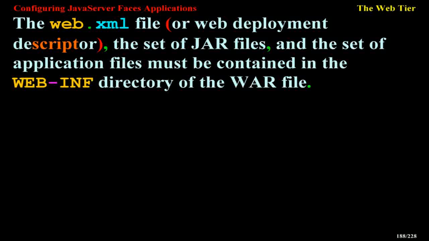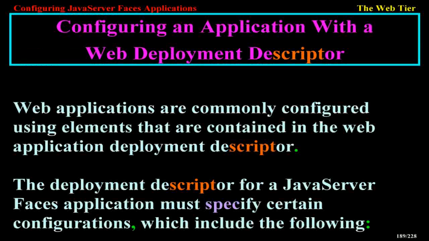The set of JAR files and the set of application files must be contained in the WEB-INF directory of the WAR file. Configuring an application with a web deployment descriptor.